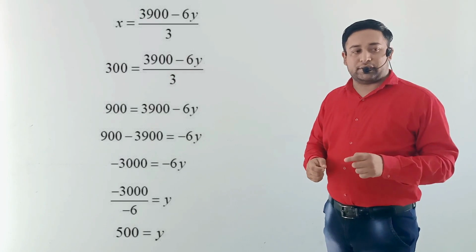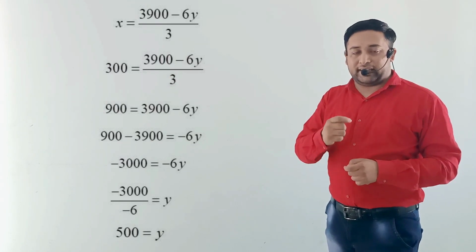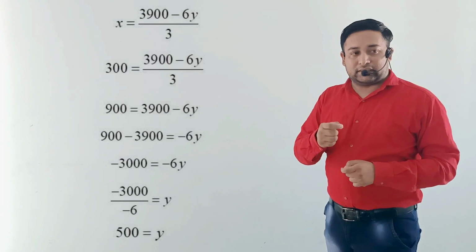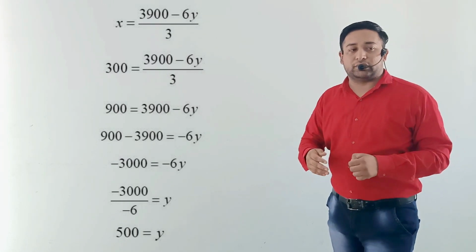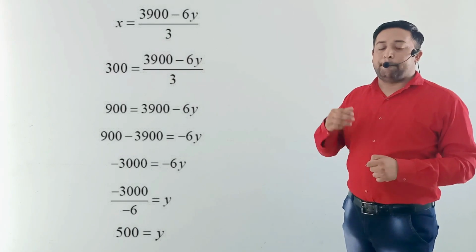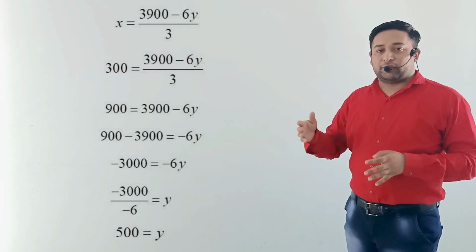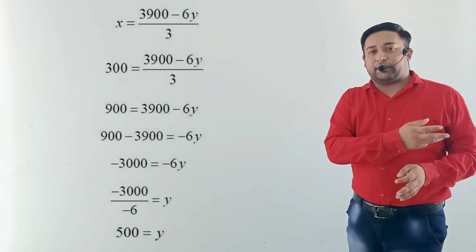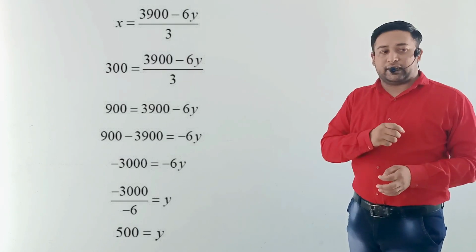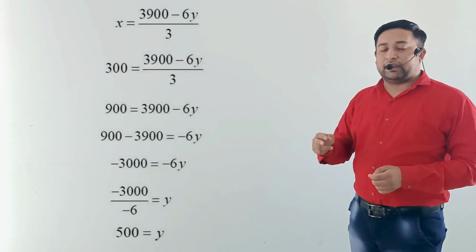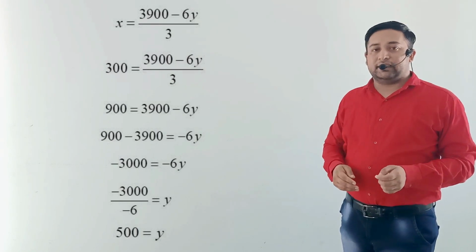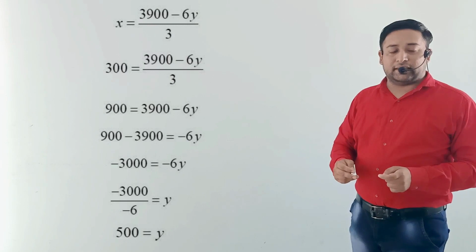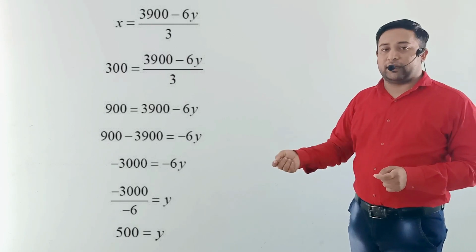In the first equation, put the value of x as 300. So 300 is equal to 3900 minus 6y divided by 3. Multiplying 300 by 3, 900 is equal to 3900 minus 6y. Taking 3900 to the left hand side, 900 minus 3900 is minus 3000, equal to minus 6y.